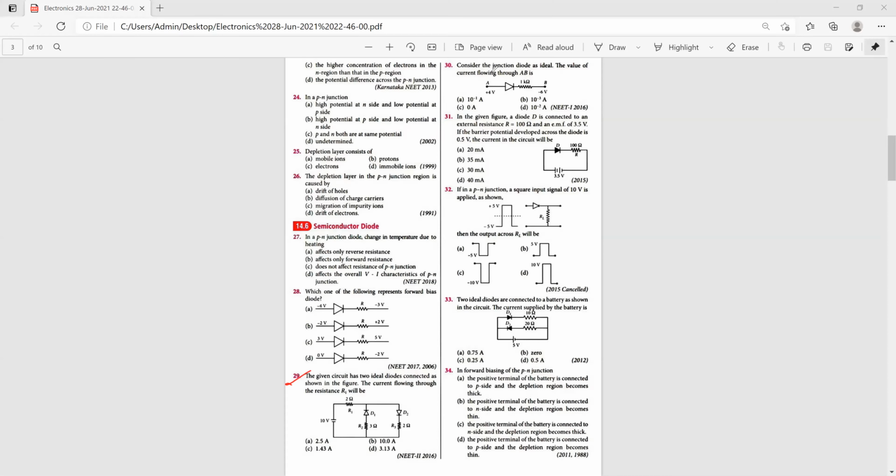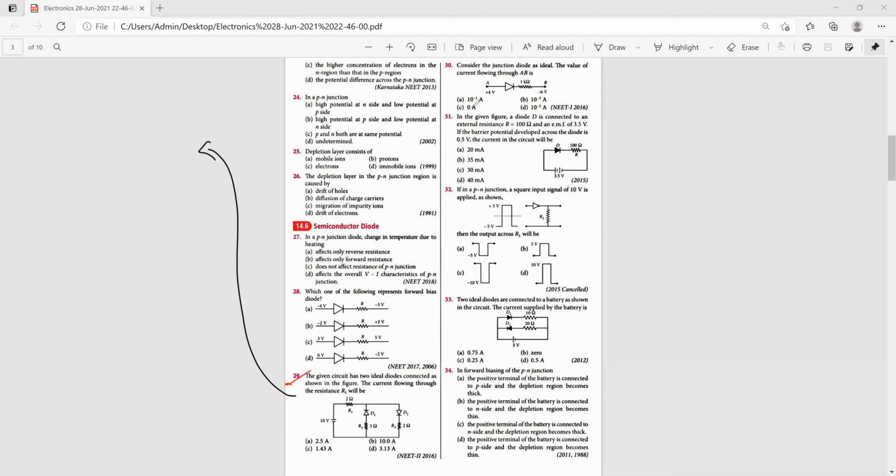29th, the given circuit has two ideal diodes connected as shown in the circuit. The current flowing through the resistance R1 will be? Here the diode D1 is reverse biased, so it will block the current, and diode D2 is forward biased, so it will pass the current.